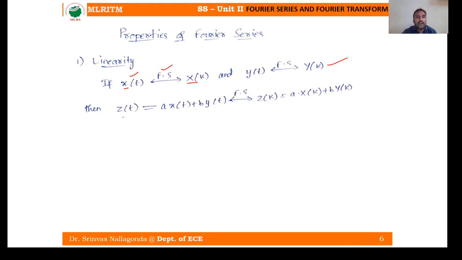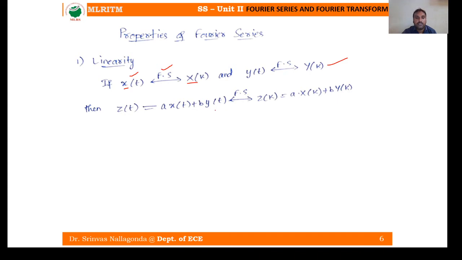Then z of t is the third signal, equal to a into x of t plus b into y of t. a is some scaling factor multiplying with x of t, plus b is another scaling factor multiplied with y of t.